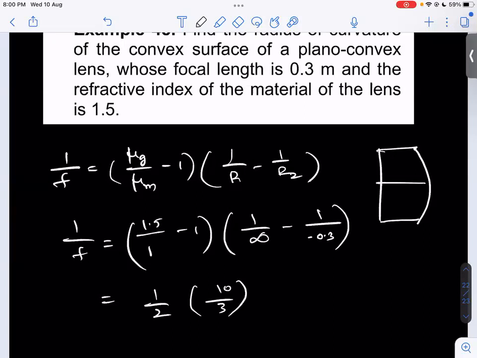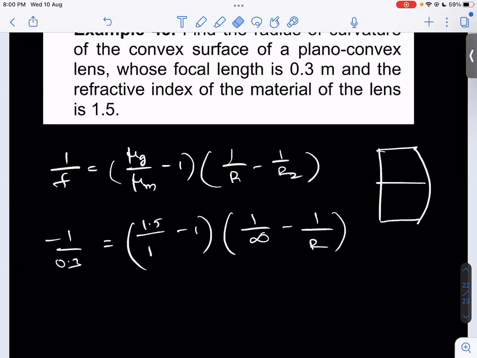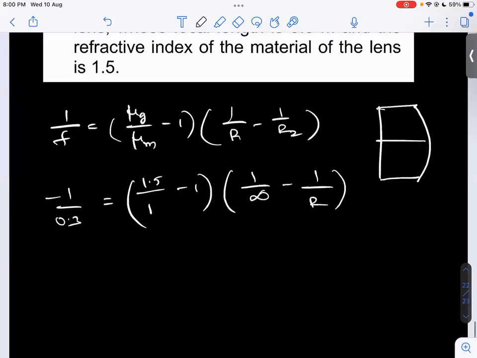Oh, whose focal length is already given. Sorry, I made a mistake. 1 by r. This side it will be minus 1 point. Correct? Now is it fine? So minus 10 by 3 is equal to half into minus 1 by r.